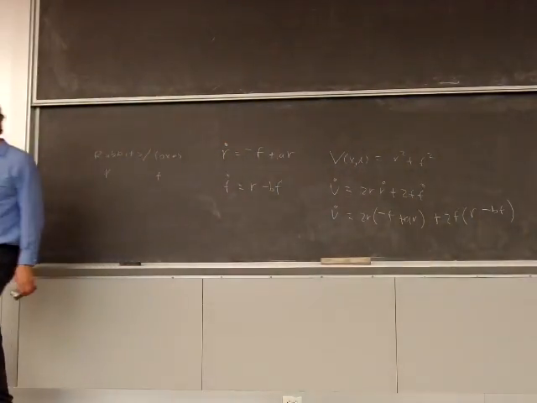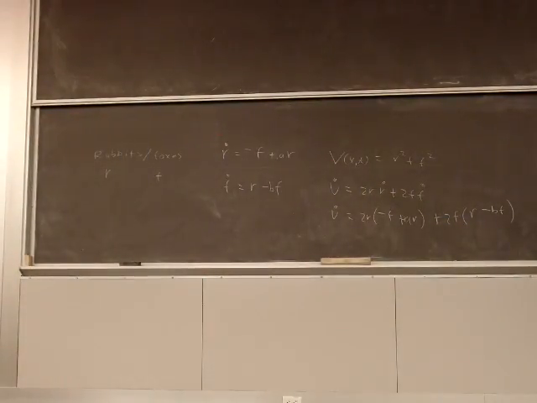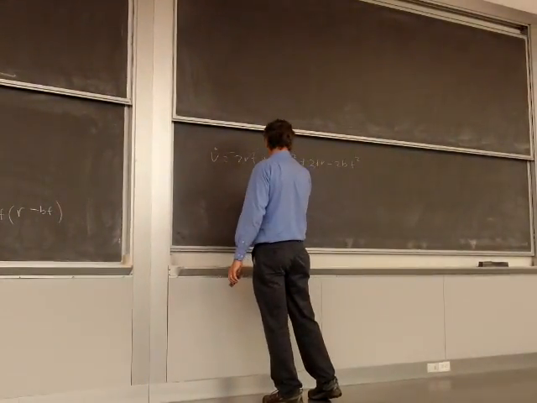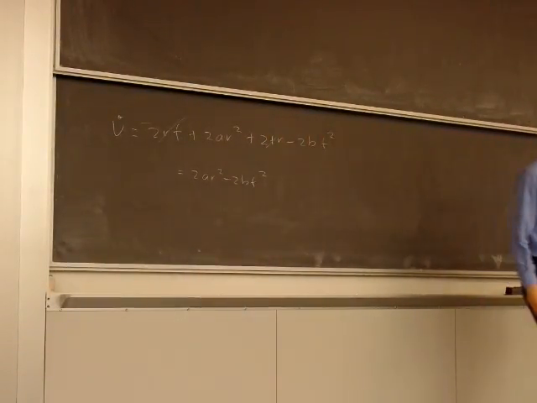All right. Work out everything here. So I have 2R minus 2RF plus 2AR squared plus 2FR minus 2BF squared. That cancels, and I have 2AR squared minus 2BF squared. That's just what?